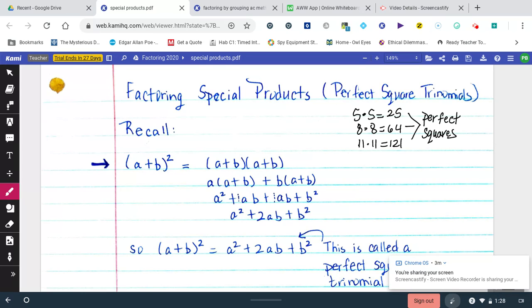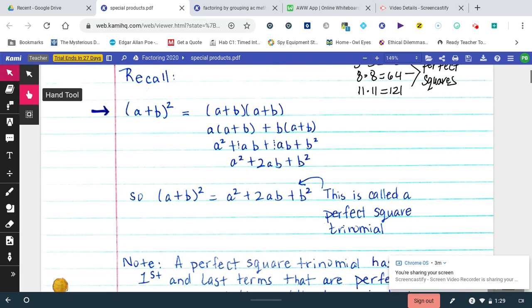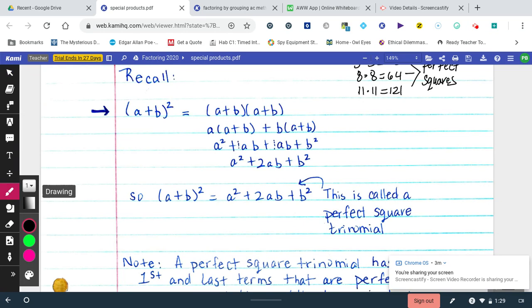So if I take a binomial and multiply by itself, I end up with a perfect square too. They're called perfect square trinomials. Let's take a look at what a perfect square trinomial looks like. So a plus b times a plus b. I want to make sure that I use double distribution.